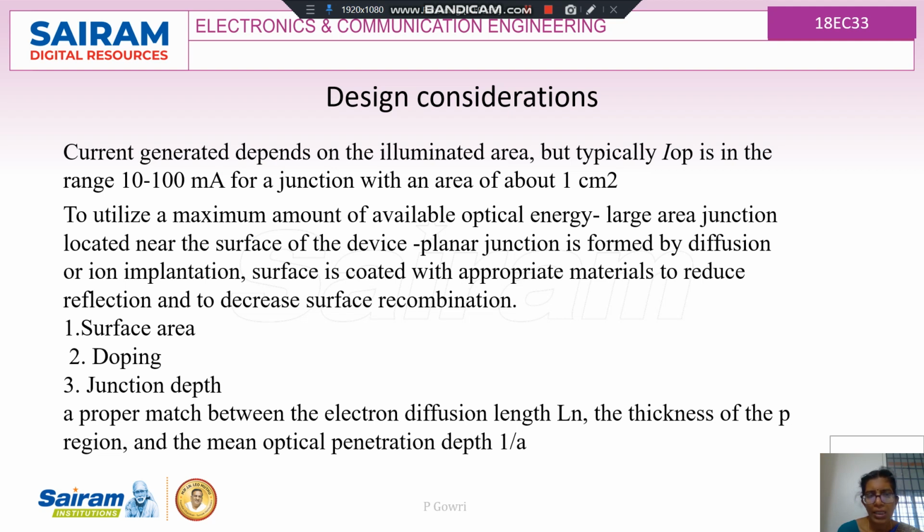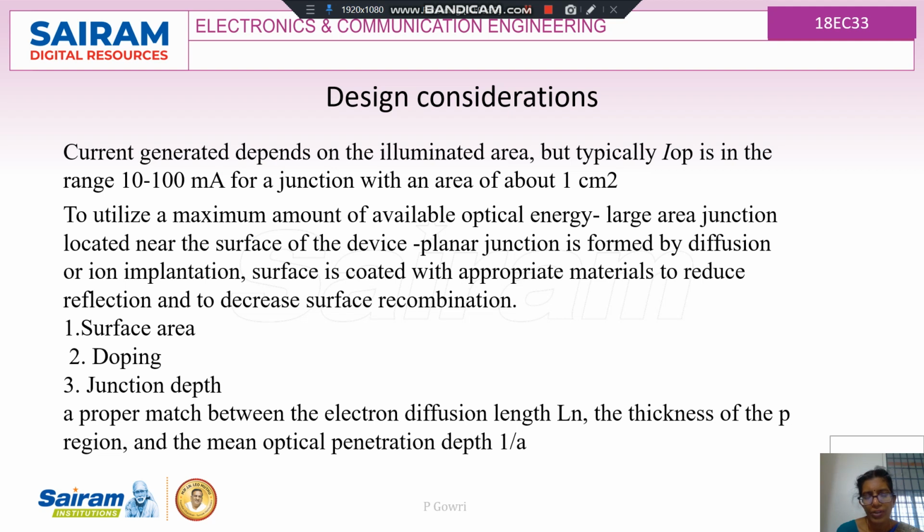So, to get the maximum optical energy converted to electrical form, a large area of the junction should be located near the surface of the device. For this, we form the planar junction either by diffusion or ion implantation, and the surface of the device should also be coated with appropriate materials to reduce reflection and to reduce surface recombination.